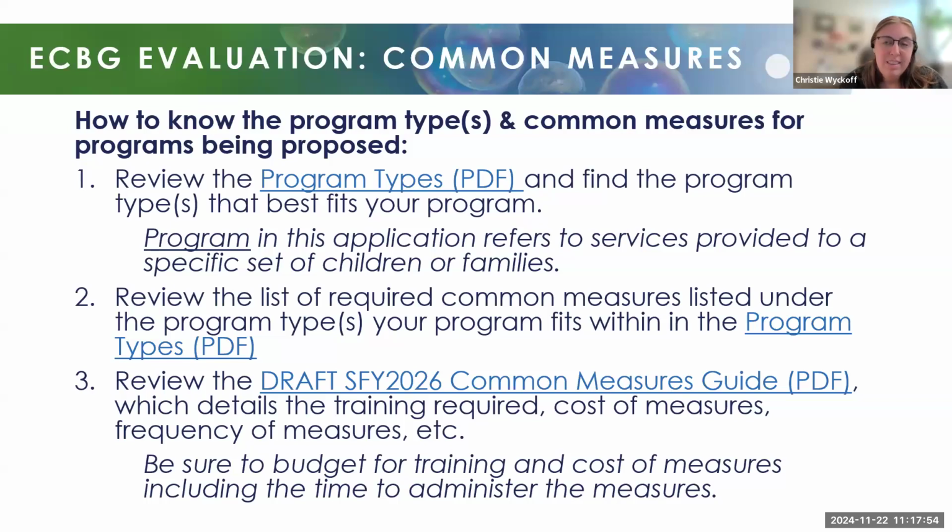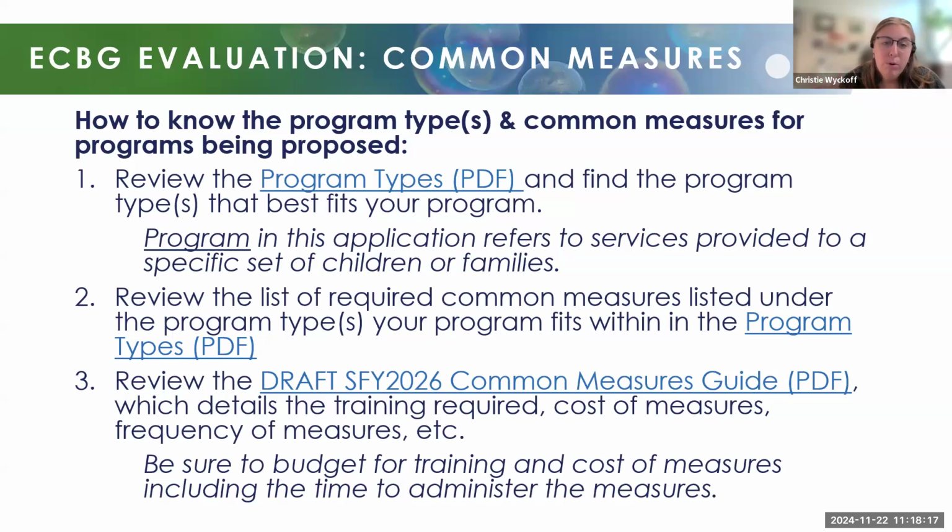It's a rigorous evaluation. I've listed out here some things that you will need to review in depth while you're working on your application to make sure that you are reporting the correct and required information that we need.